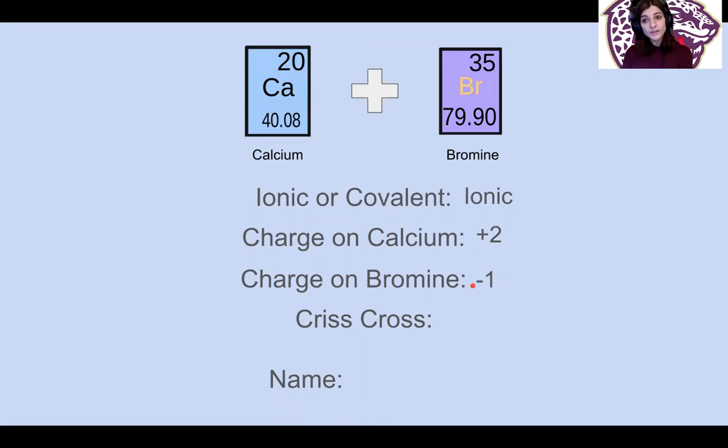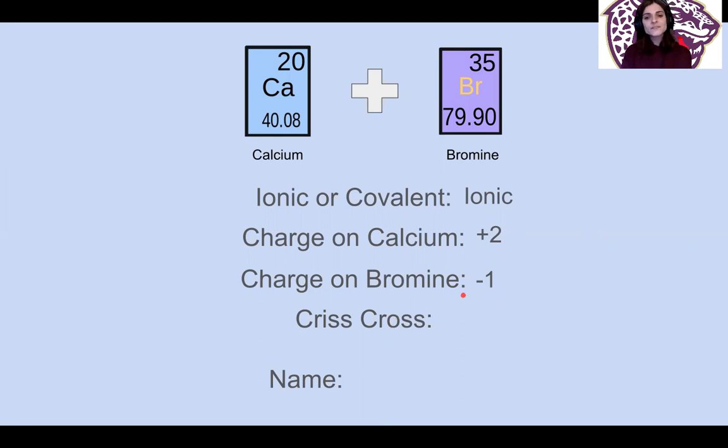Whereas with bromine, bromine wants another electron so that its octet can be happy. So it gains an electron. And when something gains an electron, there are now more electrons than there are protons. So now it has a negative charge. So that's why we get these +2s, because it loses electrons, and a -1 because it gains electrons.